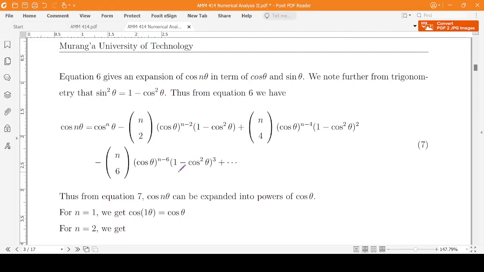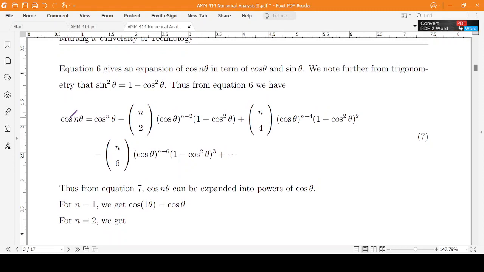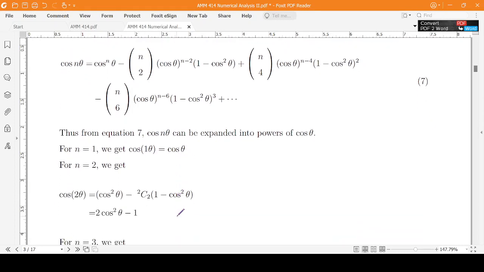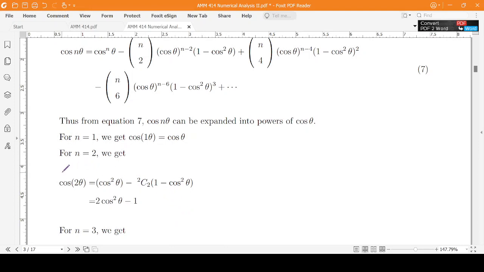Now, we saw that n here is an integer: 1, 2, 3, and so on. When n is 1, we get cosine of 1 theta, which is just cosine of theta. When n is 2, we could express cosine of 2 theta in this form.